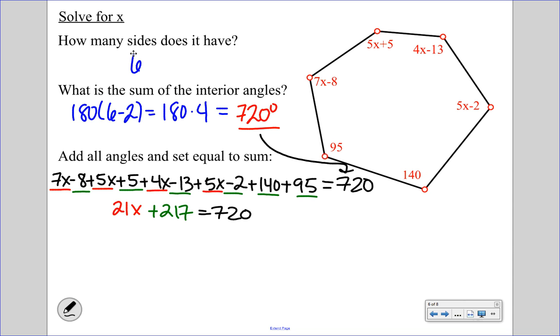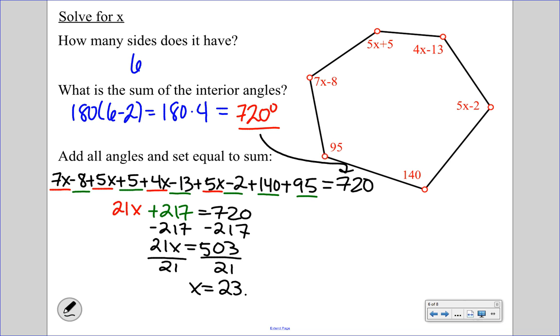So make sure you're being very careful about combining like terms. Let's subtract the 217. And we get 21x equals 503. Divide by the 21. And we get about 23.95 for our value of x rounded.